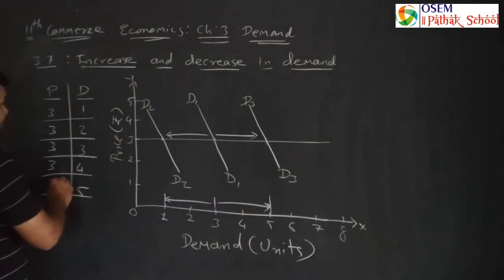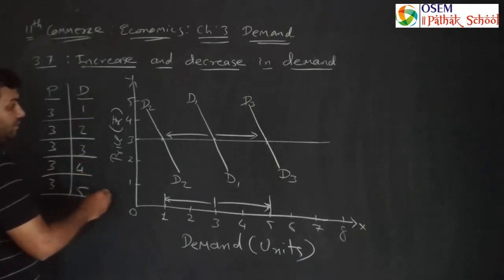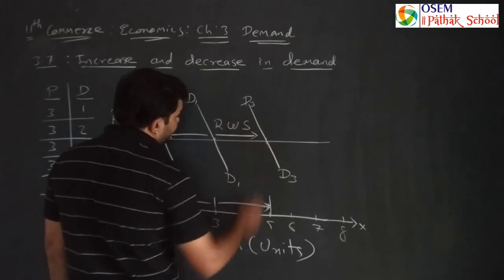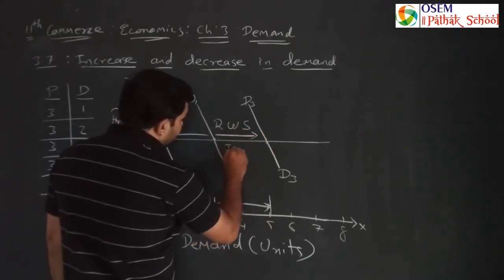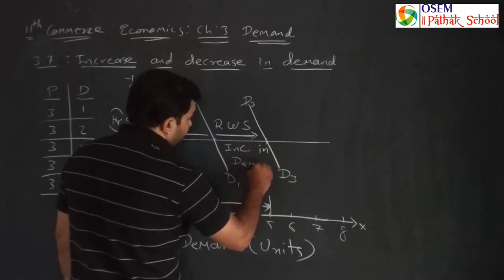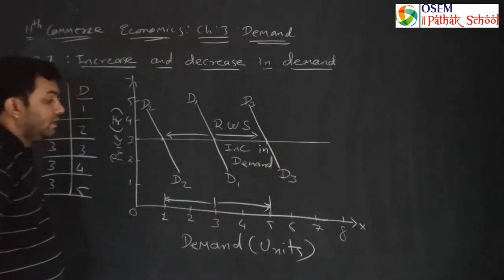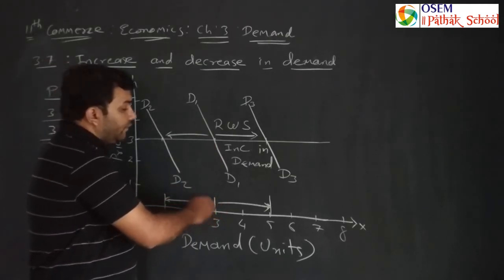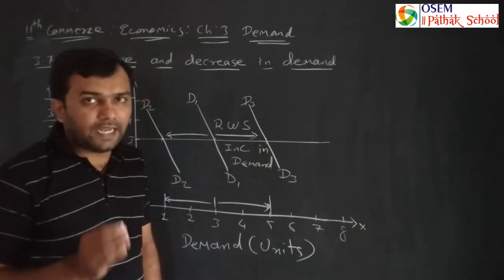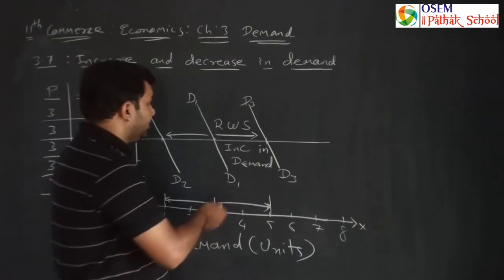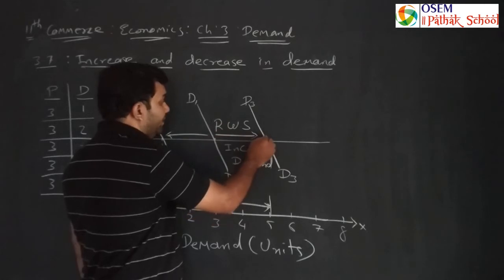When price remains constant and there is an increase in demand, it is called a rightward shift. It is also known as increase in demand. When price remains constant and factors affecting demand other than price are in favor of demand, meaning they are supporting the demand, then there will be a rightward shift of the demand curve.